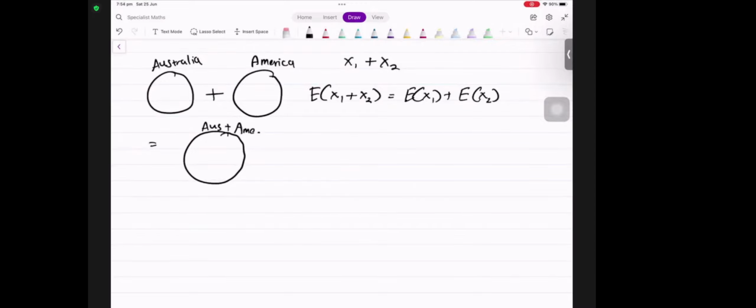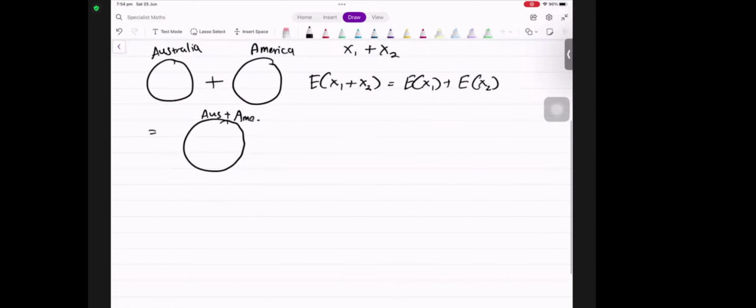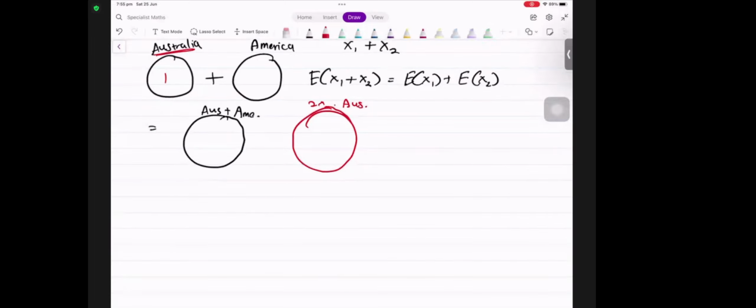If you had this population of Australia, and instead you make it twice as large. So this one is, let's say, 1, but this one we times by 2. So you have a larger population in reality.